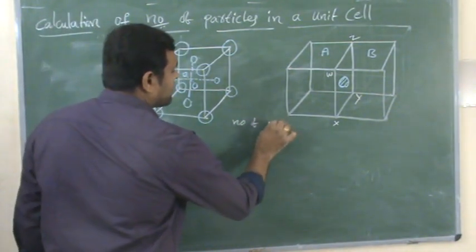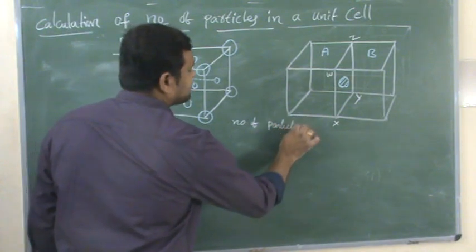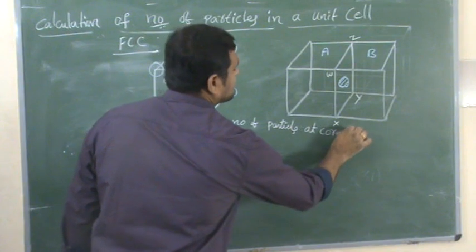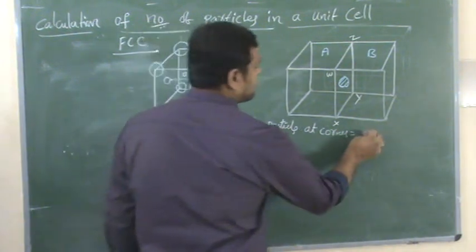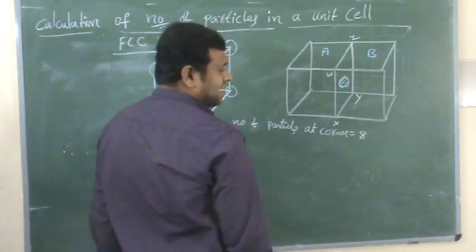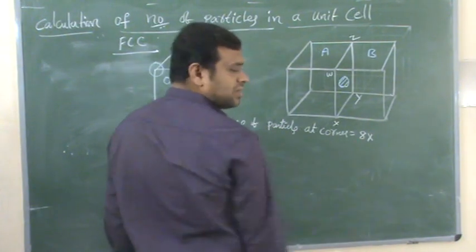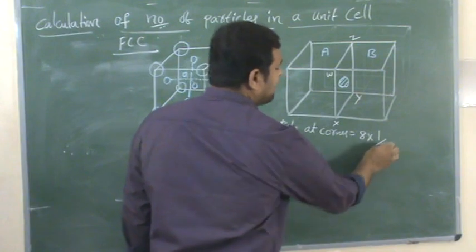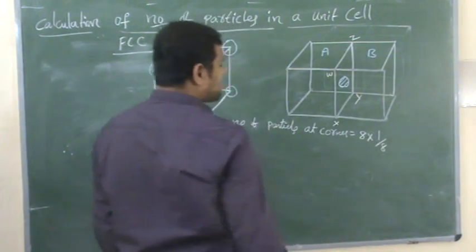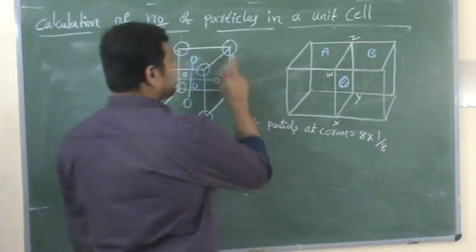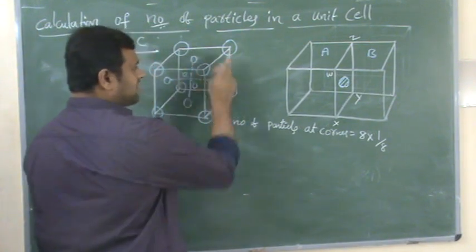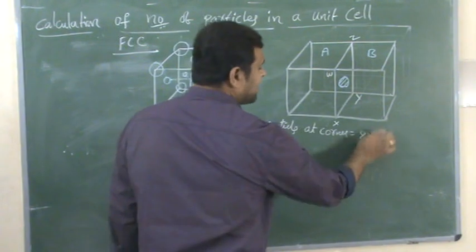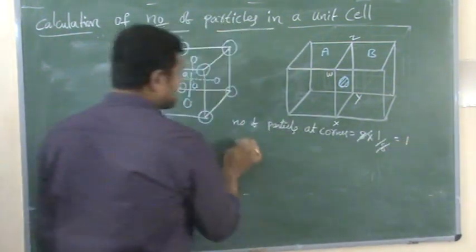Number of particles at corners is equal to 8 into contribution of particles 1 by 8. Is it correct or not? Number of particles at corners, 8 lattice points, that is why 8 into contribution is how much? 1 by 8. 8 gets cancelled, 1. Okay?